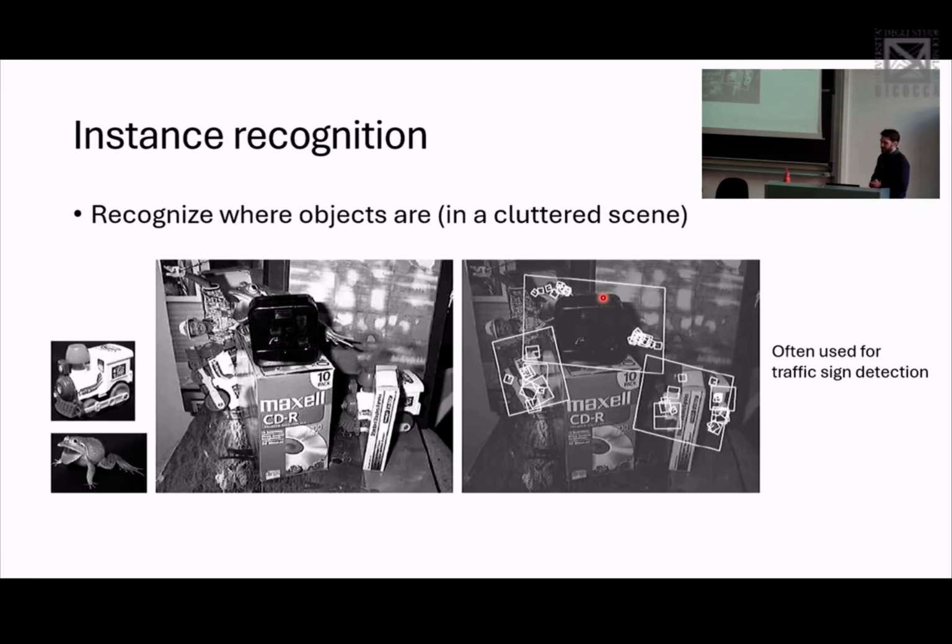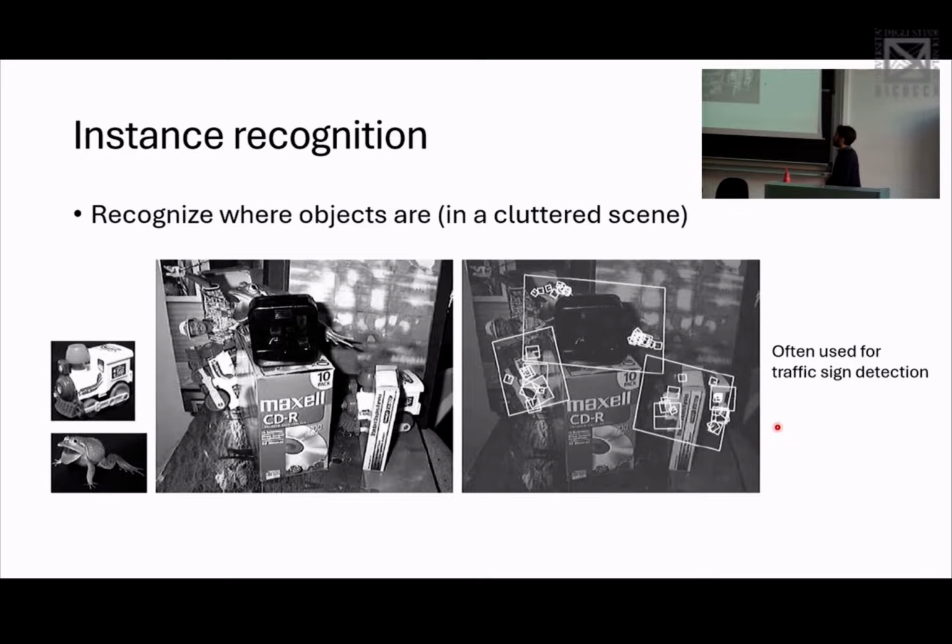We have instance recognition, where we recognize where objects are in a cluttered scene. That's an old kind of task. Well, it's still relevant today, but this is an old example. You want to find this and this within this image.